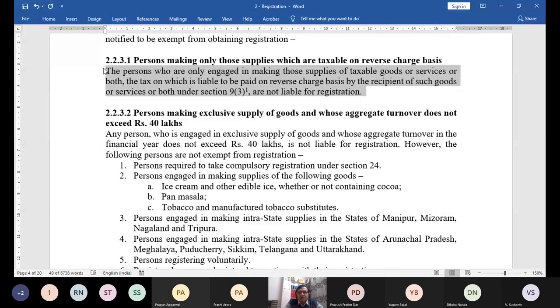If I'm supplying those goods and services on which tax is liable to be paid by the recipient under section 9 subsection 3, then I'm not liable for registration. But the point is exclusively. That means I'm not supplying other goods and services. On all my supplies, tax is liable to be paid by the recipient under section 9(3). Then I'm not liable to take registration. This is what section 23 says. Next point.